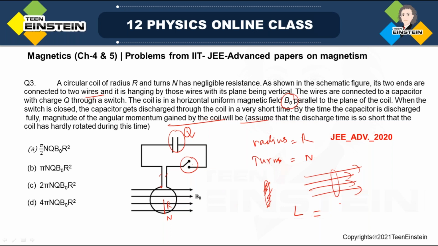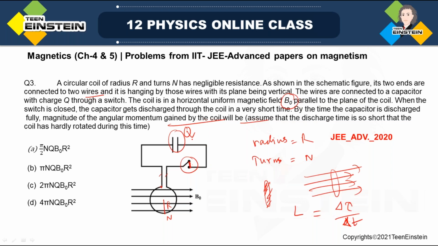L is the integral of torque with respect to time, delta tau delta t. Now see what happens in this case when the switch is closed.